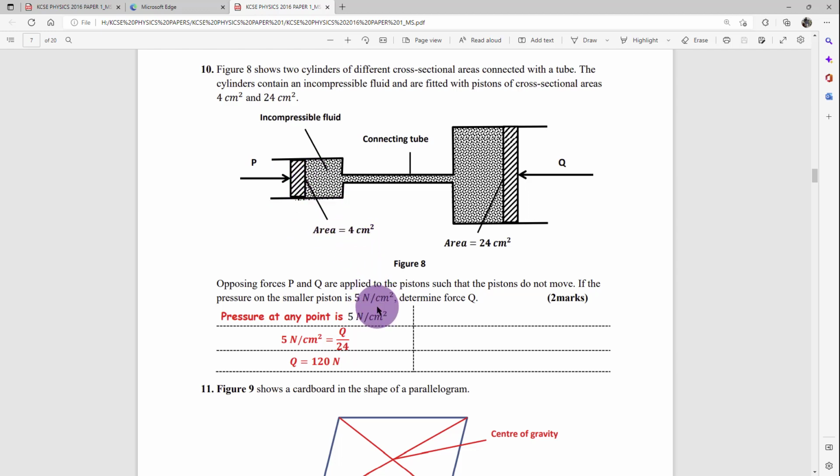It is 5 newtons per centimeter squared. So we don't need to calculate that, because P over A1 is already given as 5. So I would say F1 over A1, which is 5 newtons per centimeter squared, is equal to F2 over A2, in which case we get Q to be 120 newtons.